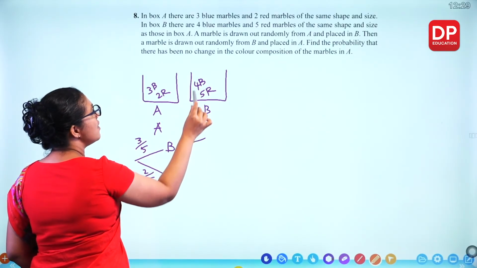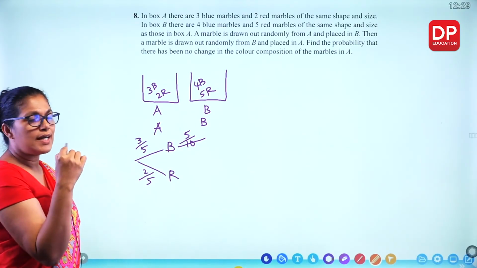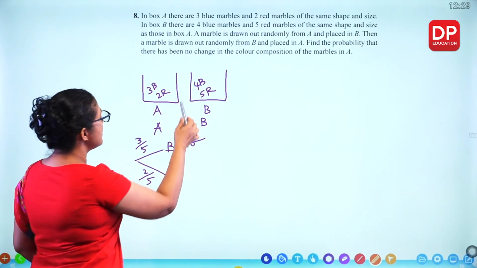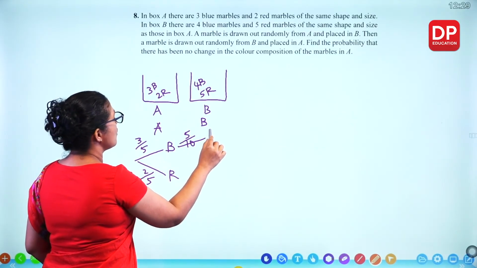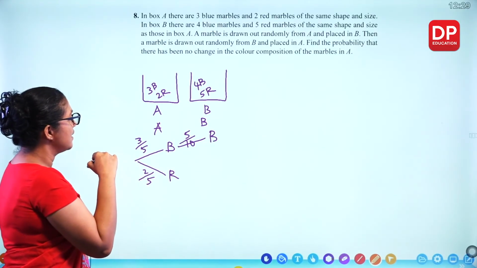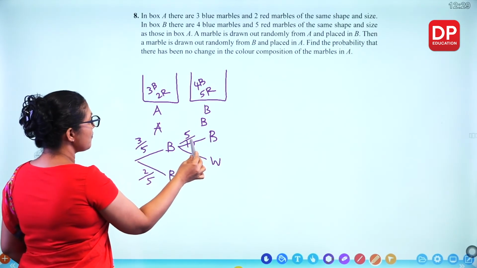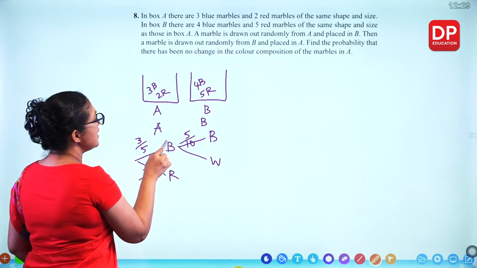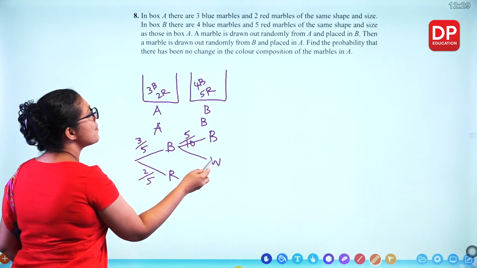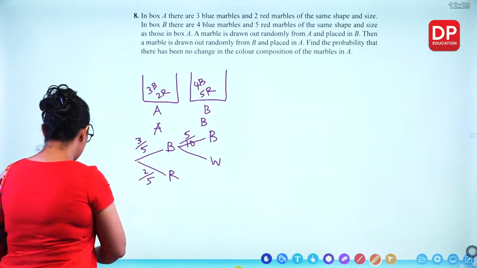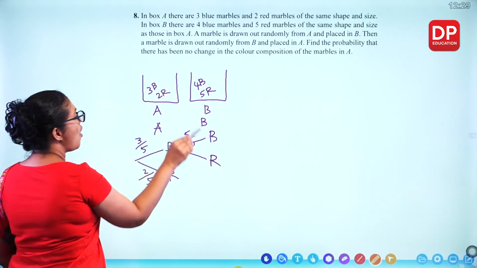So 5 over, earlier 9 were there, now 5 over 10. So this is B. So this is blue again. Then what's the probability of getting the other one? Blue is taken from this and blue replaced. Nothing happens to the, not white, this is red. This is red, and how many reds are there?